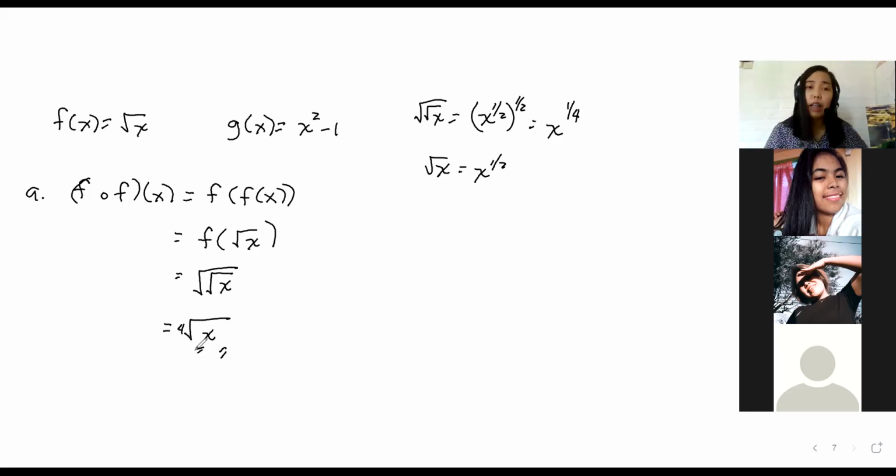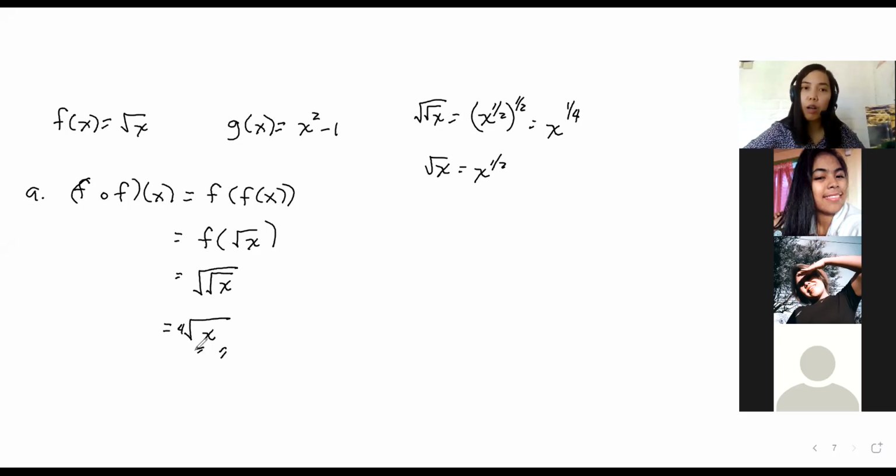Di ba pag even class, dapat ang radical mo ay positive. 4th root, 6th root, 8th root, 10th root. Dapat ang base mo doon ay positive. Kaya nga sa square root, hindi pwede ang negative numbers. Kasi ano yun, even yun eh. Okay? So, ibig sabihin, hindi tayo pwedeng gumamit ng negative numbers for the domain.